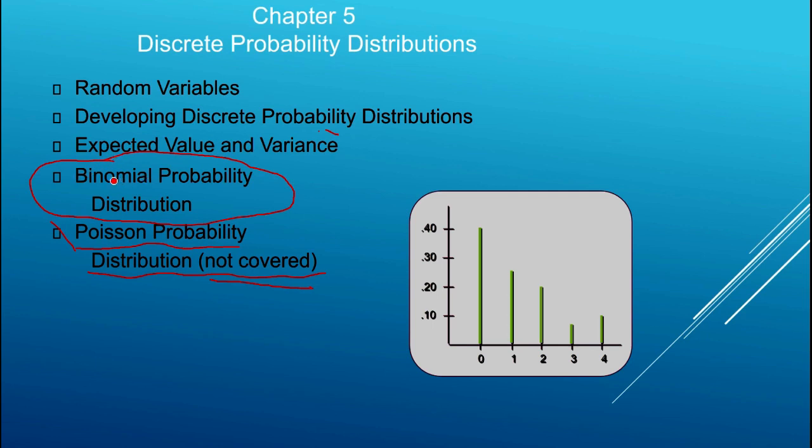For this probability distribution, we're going to talk about both the expected value of the mean and the variance. Before we get to talking about the binomial probability distribution, which I'm going to save for the second video in this chapter, we're going to talk about probability distributions for discrete random variables that are expressed in the form of a table.